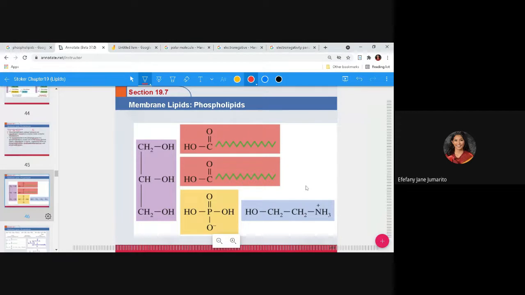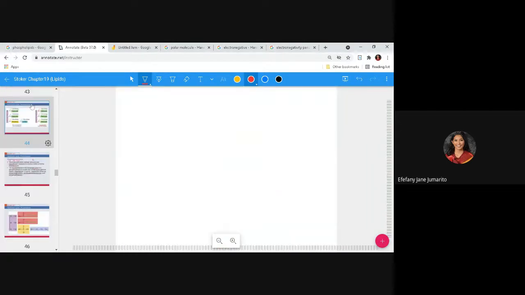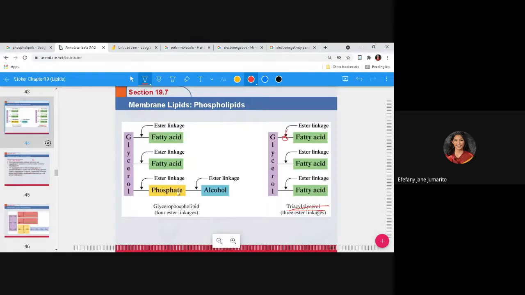Now, this one, we have a phosphate and then we have an alcohol. If the alcohol has an amino group, when we say amino, it has an N, nitrogen, NH2, NH3, that's amino. When you say amino, it's nitrogen.